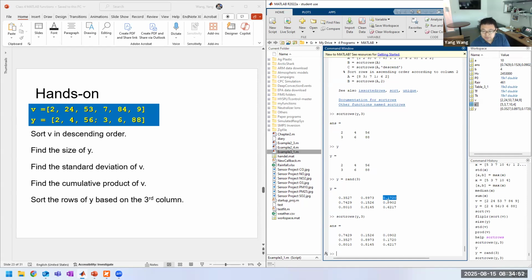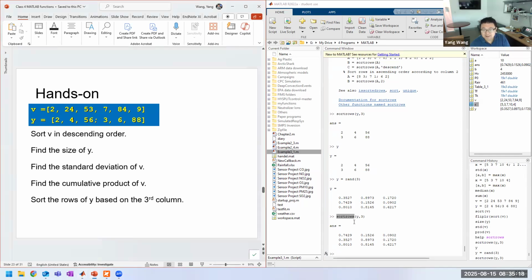So you want to sort based on the height, but you don't want to mess up the other columns. If you move this value to the top, you also want to move these values to the top. So you will use sort rows, specify the third column, and then you can see that the entire row is moved up. So this is basically the sort rows function.